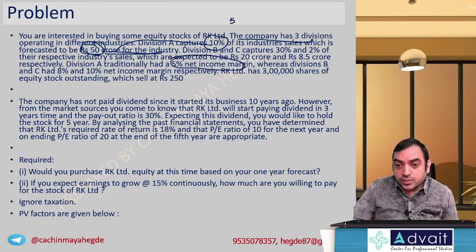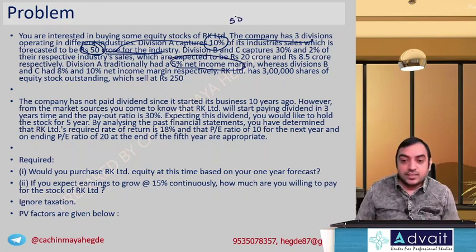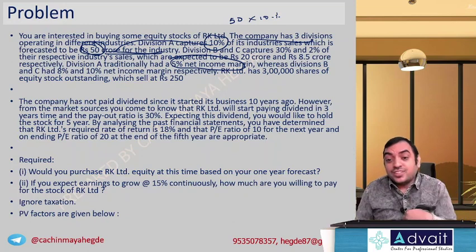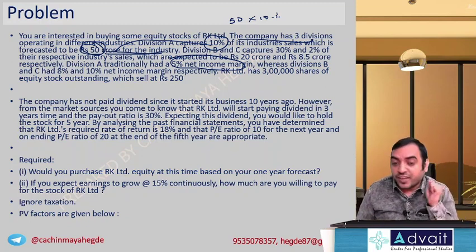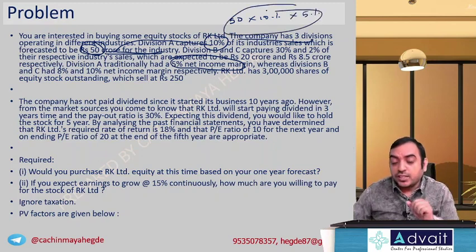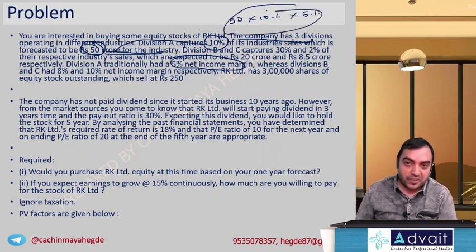So industry worth multiplied by 10% is your company share, 5 crore turnover, and that you multiply by the net margin will give you the net profit.